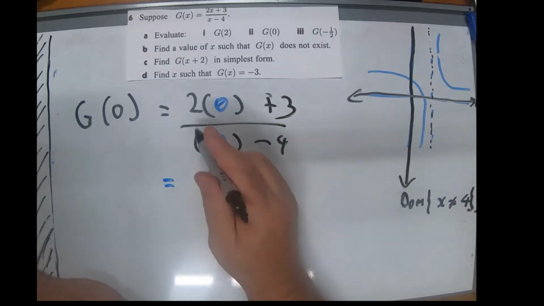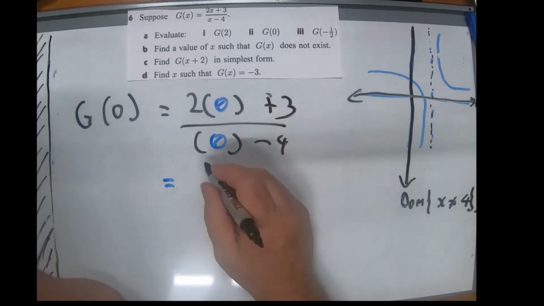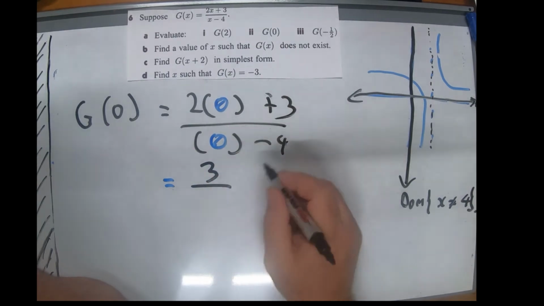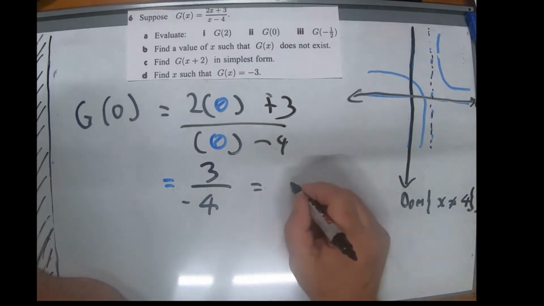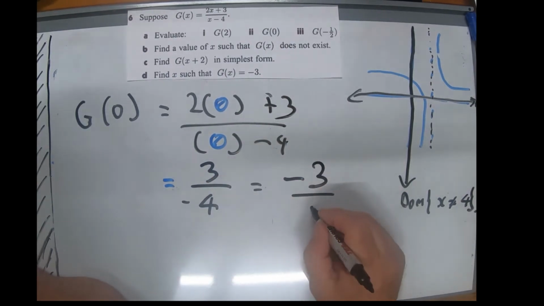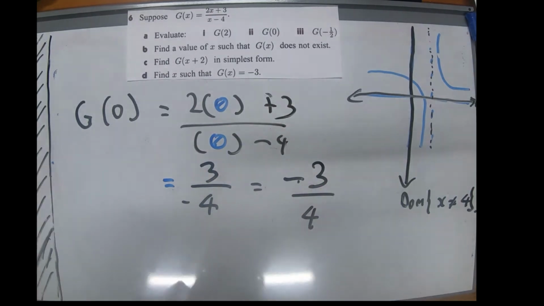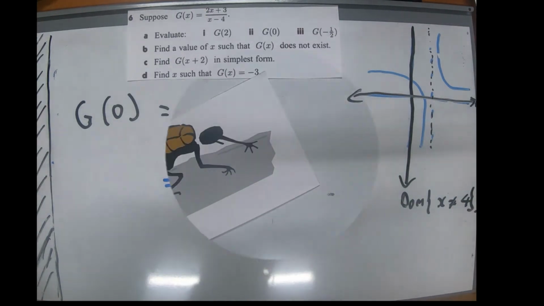I can now see 2 times 0 plus 3 is 3. 0 take 4 is minus 4. And again, I'm going to rewrite it so the minus is on the top. So there's the straightforward substitution. The half one's a little bit more interesting. I'll let you do that one while I move on.